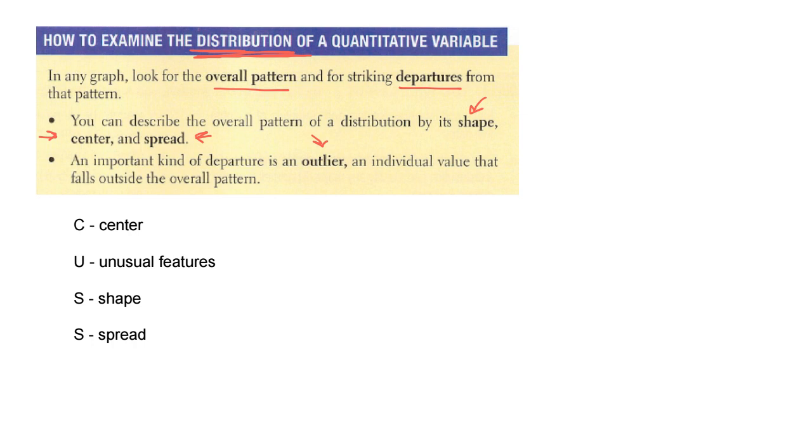An outlier would be something that is way out of the norm. The acronym that we use to help you remember this is that we CUSS our quantitative graphs. We address the center, any unusual features, the shape, and the spread.